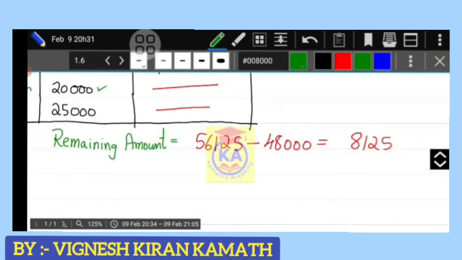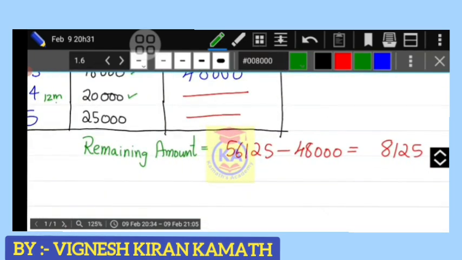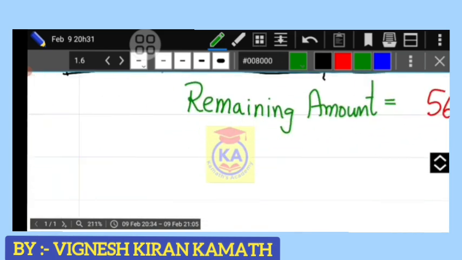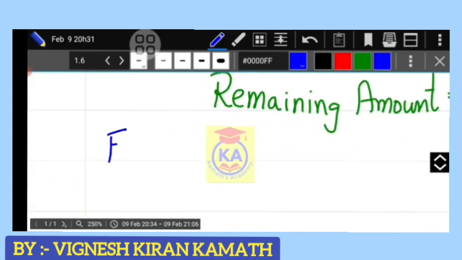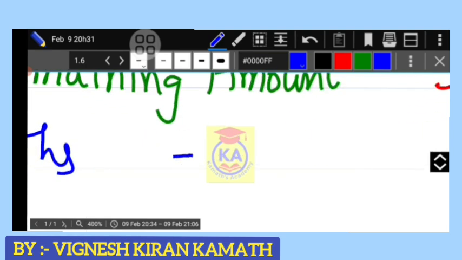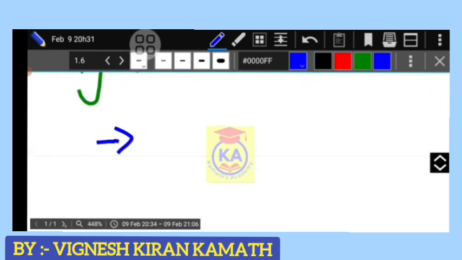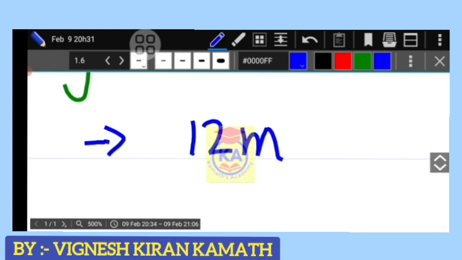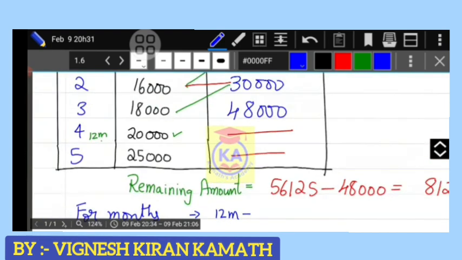Now we have to apportion in such a way that for 8,125 rupees, how many months does it require? For months, it takes 12 months. Just put an arrow like this. It takes 12 months to give rupees 20,000.